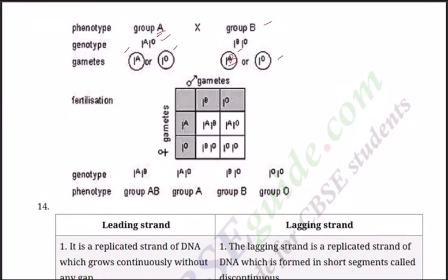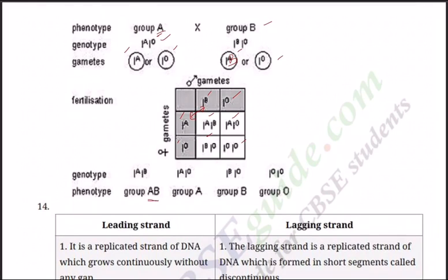So when fertilization takes place, gametes fuse. What are the possibilities? On one side you have the Punnett square IA, i, on the other side IB, i. The combination of these two: IA IB, then IA i, i IB, and i i.